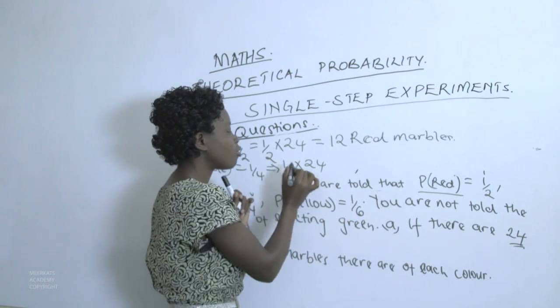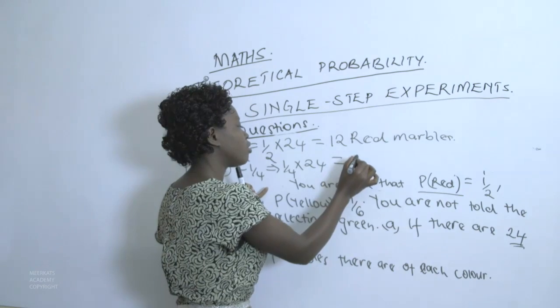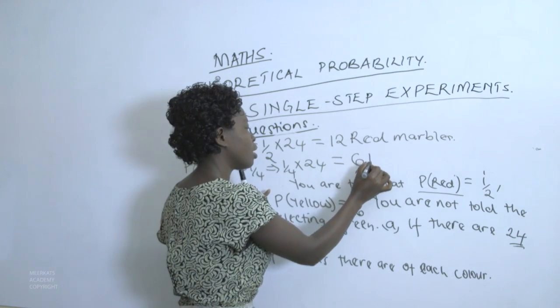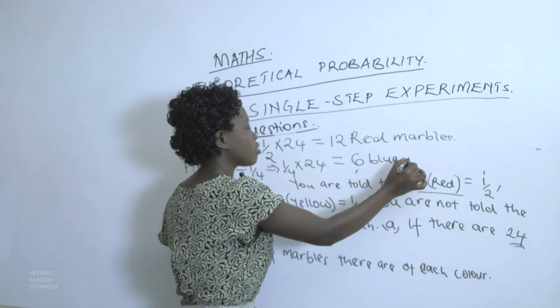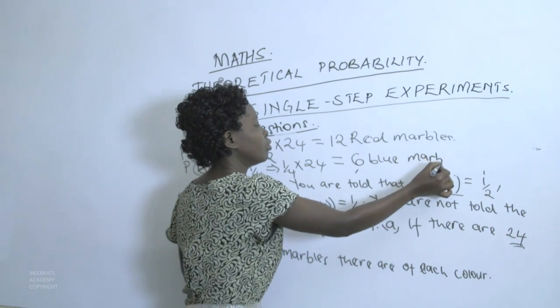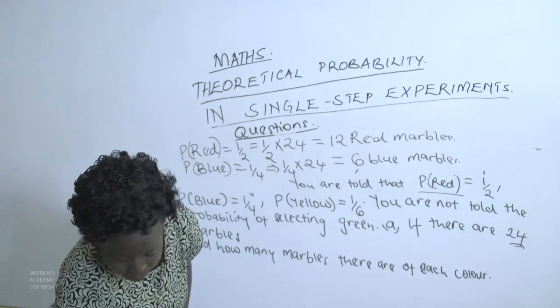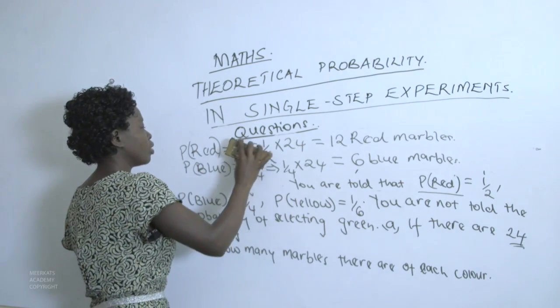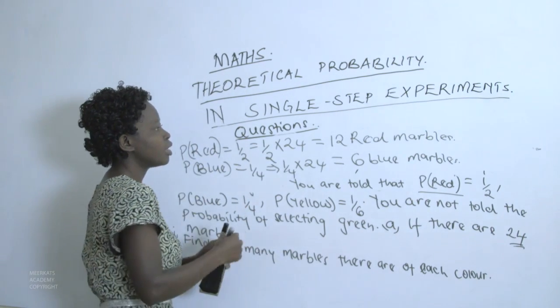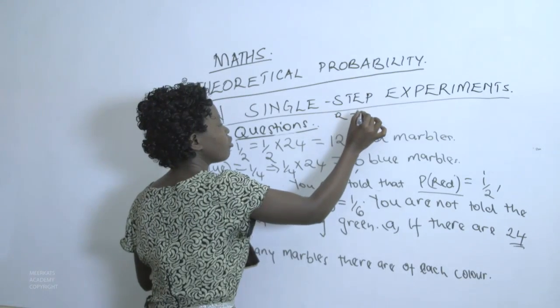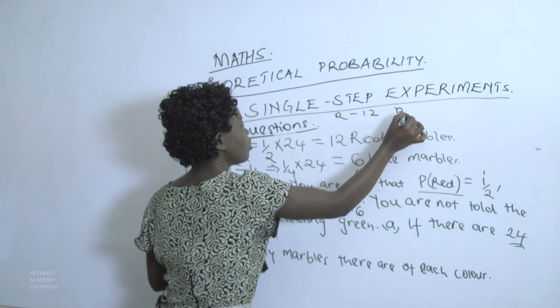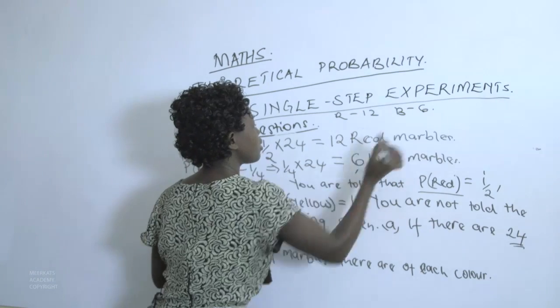So we have 1/4 times 24, and we get 6 blue marbles. So keeping in mind, red we have 12, blue we have 6.